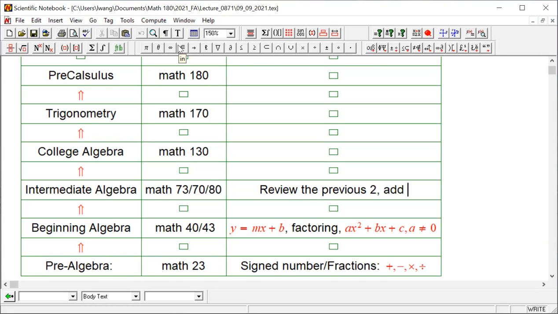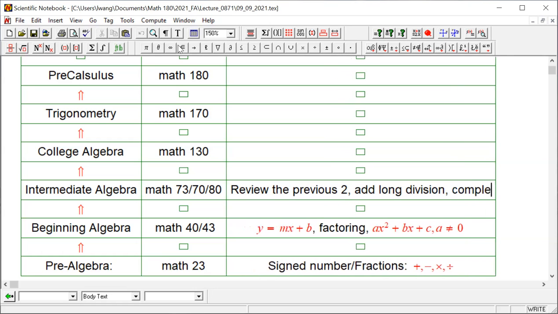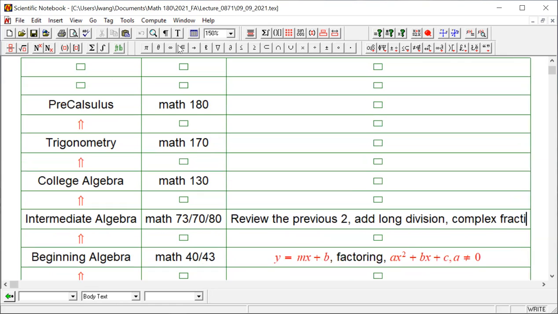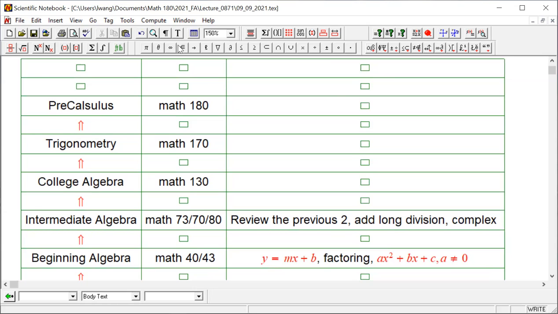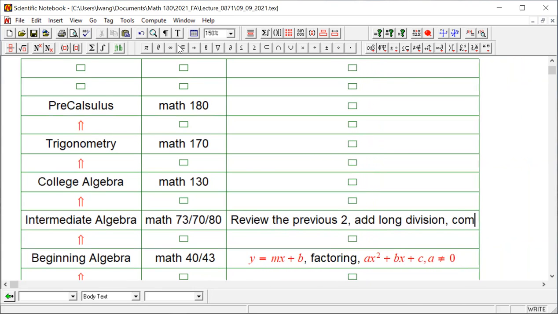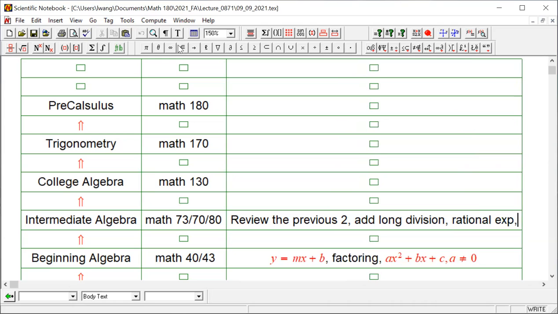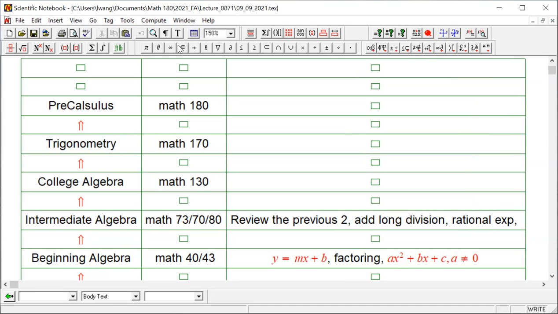Maybe long division, complex fractions, which I would just make rational expressions.